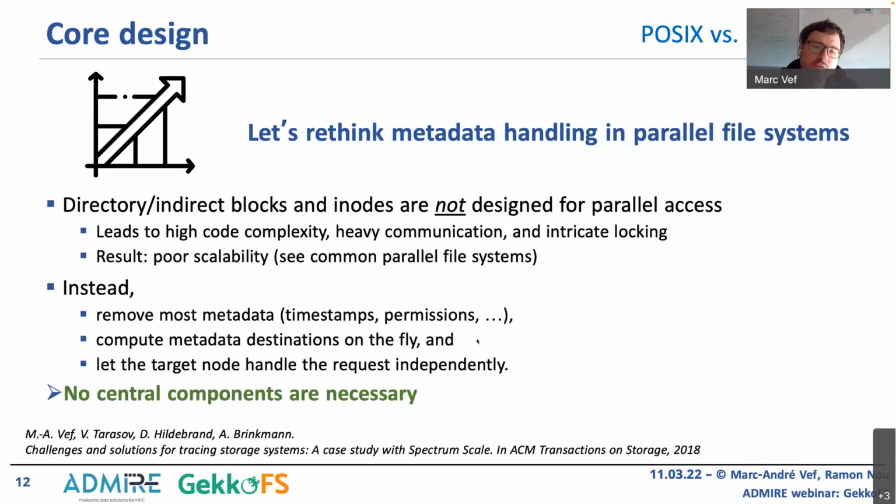And what that means is if you modify them, what the file system has to do to not get into a corrupted state is to lock these data structures. And once you start locking these data structures in a distributed setting, then what happens automatically is that you have a lot of locking communication.